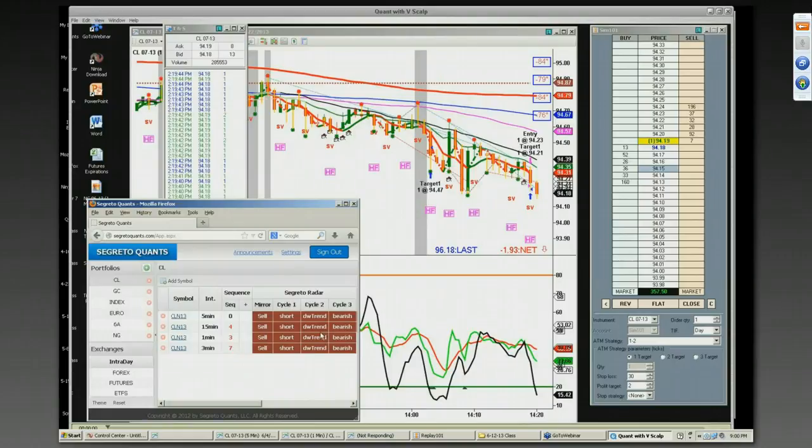But since I scalp, since I'm not going for bigger pieces of the market, I don't even really care about these numbers. I care that this is all supporting the move that I'm getting ready to make. It's one more confirmation of my entry decision if I need it.